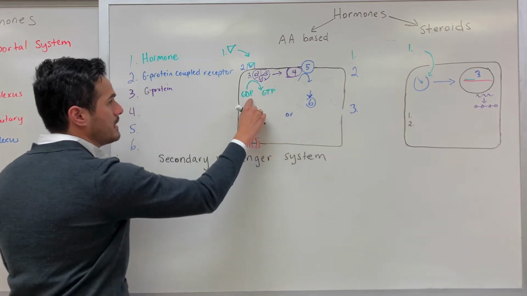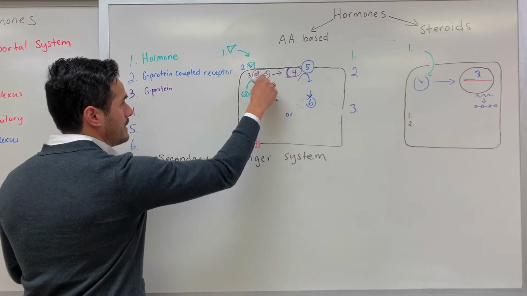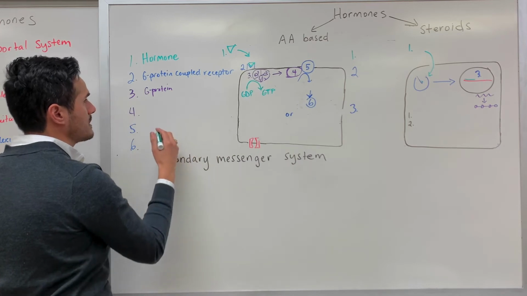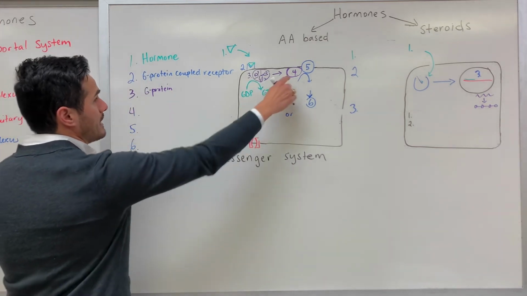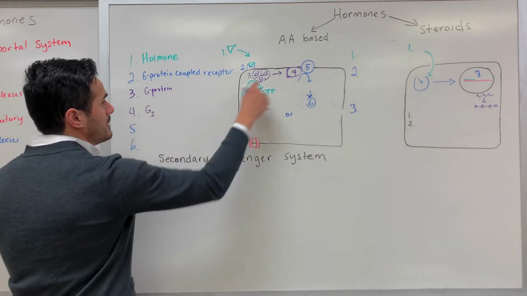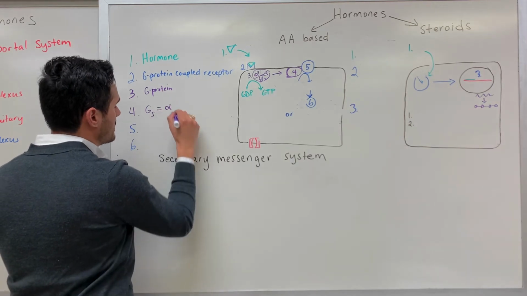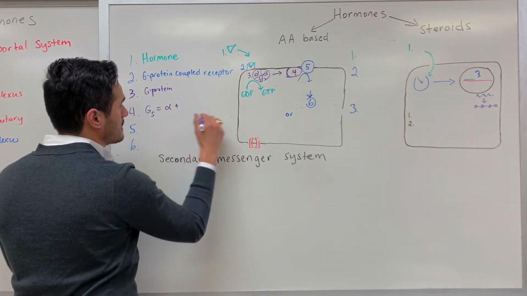What this does is activate this G protein. In its active form, I'm going to write this in purple, number 4, this is what's known as a G stimulatory protein. It's composed of the alpha subunit of the G protein as well as GTP.